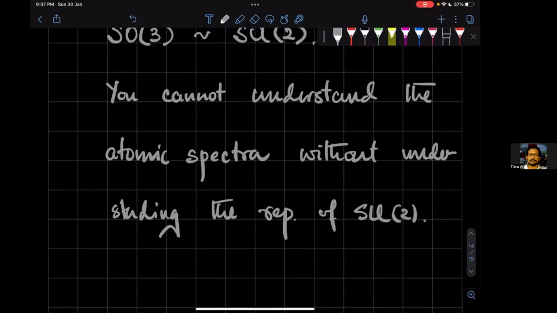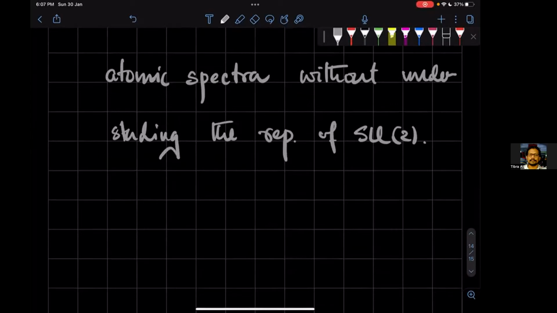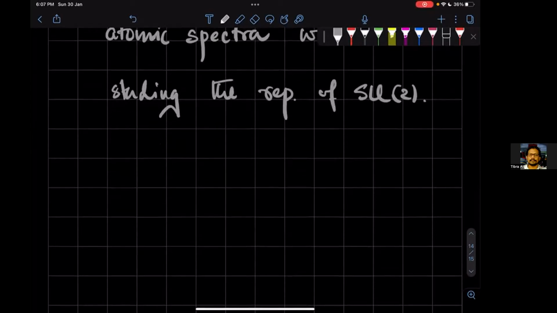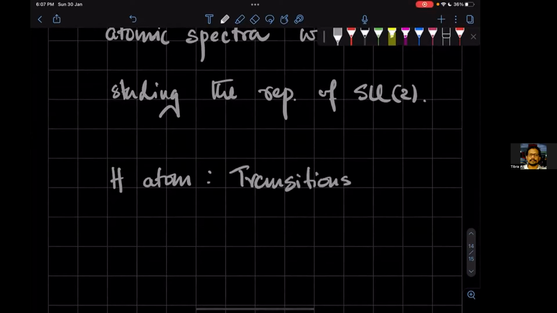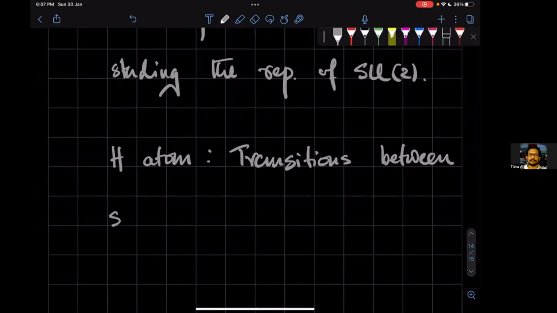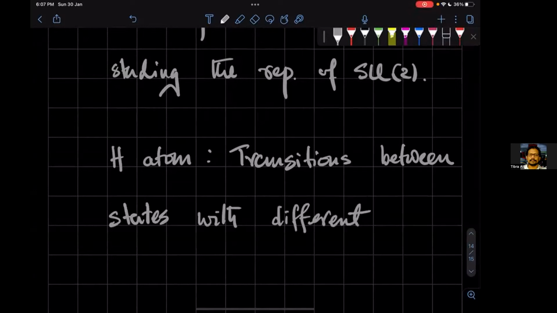So for example, if I look at the hydrogen atom, or some other atom, or a molecule, there will be transitions between states with, say, different angular momentum.